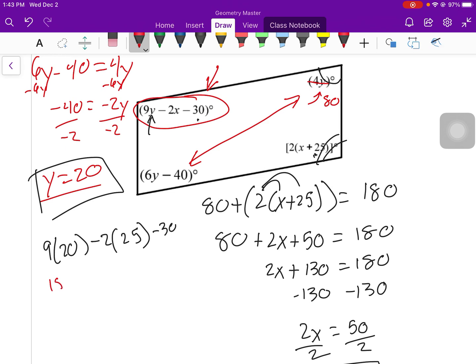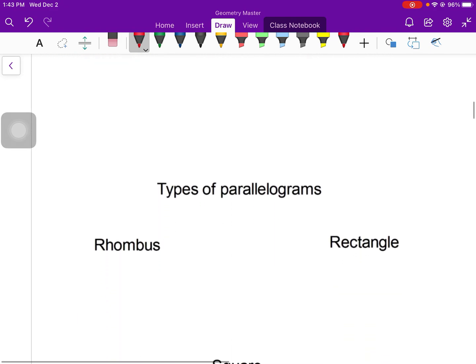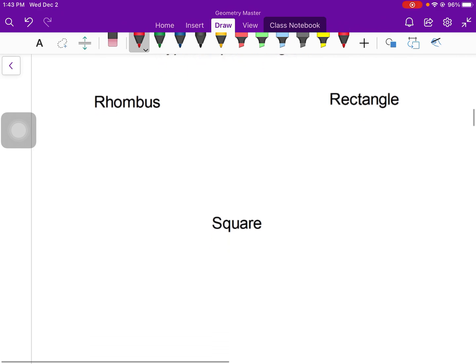So when I find these values, that's 180 minus 50 minus 30, which is 100. Well, if I did this right and plug it in here, 25 plus 25 happens first. That's 50 times 2 is 100. Opposite angles are congruent. Awesome. Supplementary angles for being next to each other. Also awesome. So make sure that I did it right. That's one way we can check our answer.